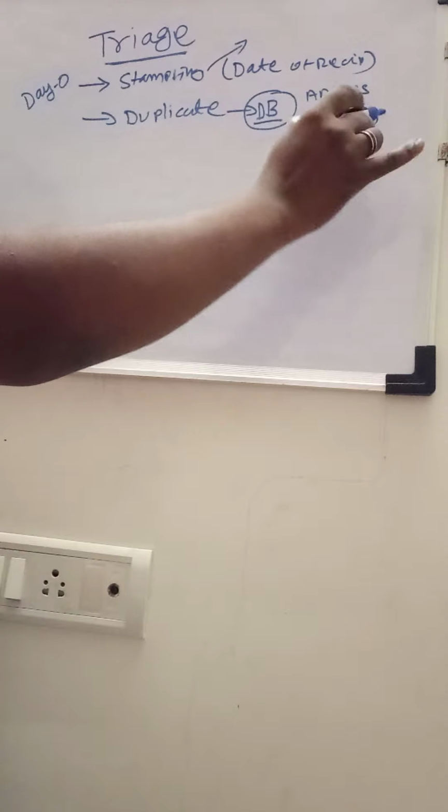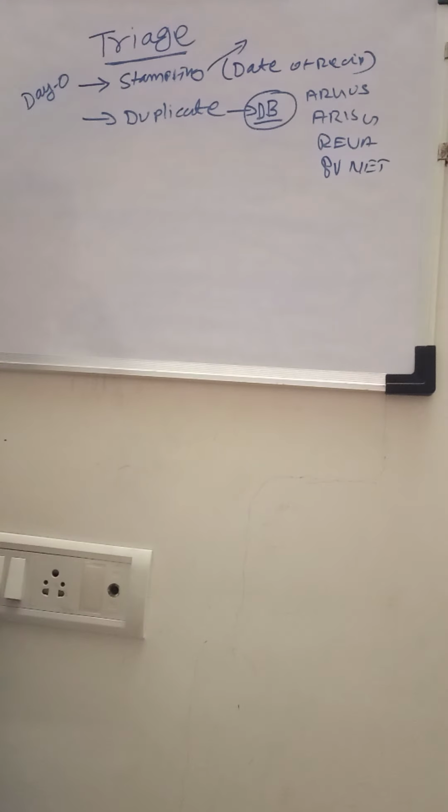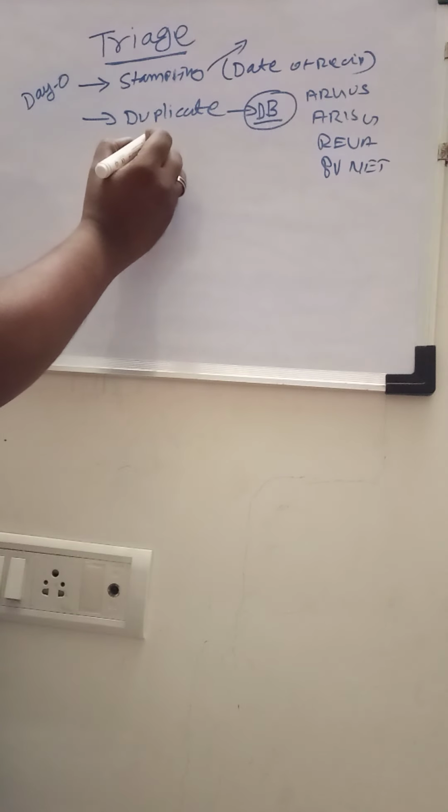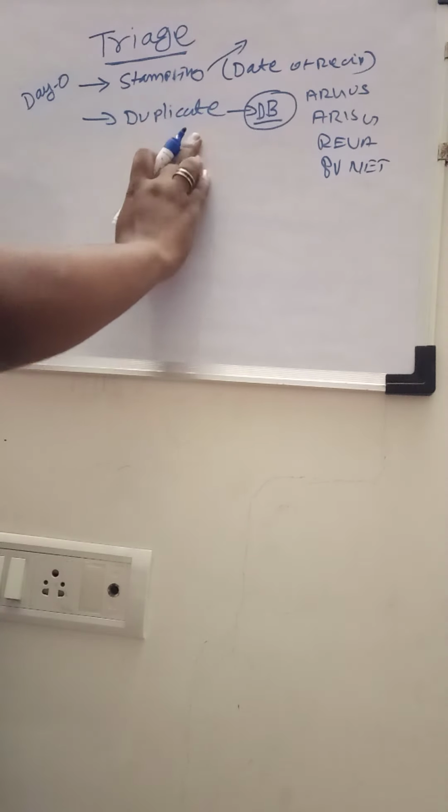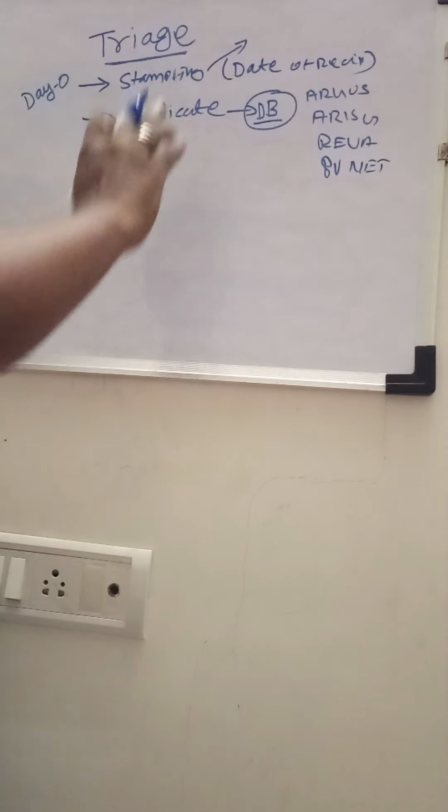Many databases are used, like Argus, ARISg, Reva, and PVNet. They are used across marketing authorization holders. So the duplicate search is another important point. If the case already exists, they will handle that case in a different way.